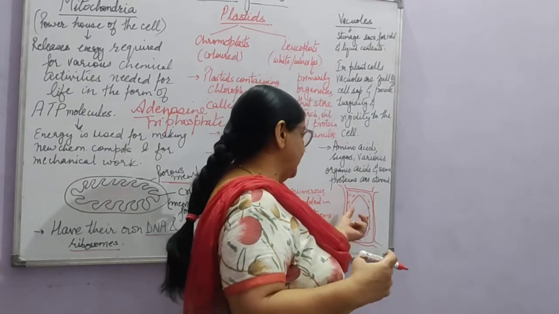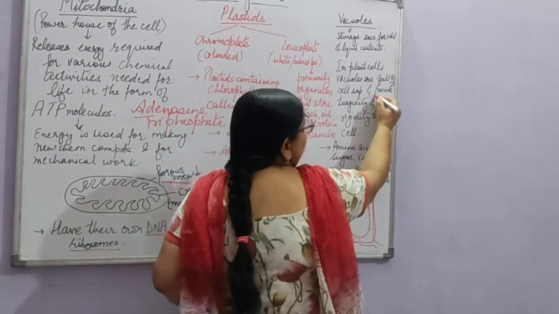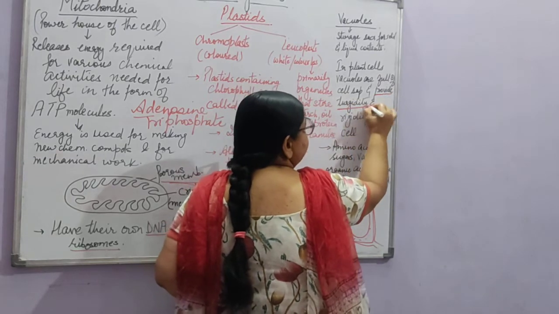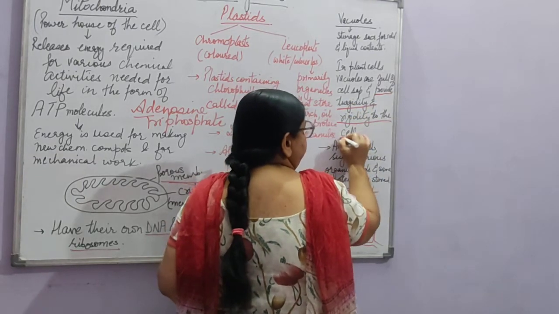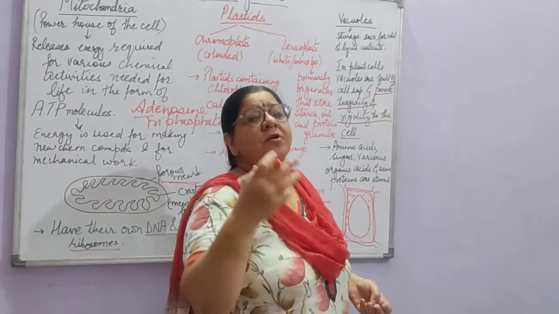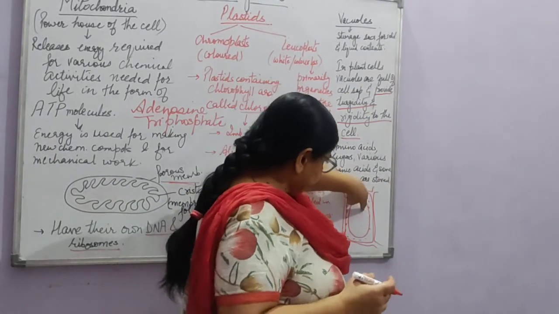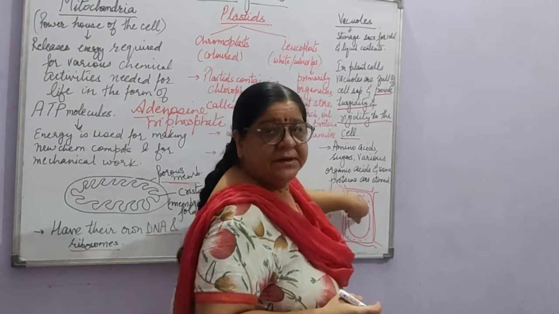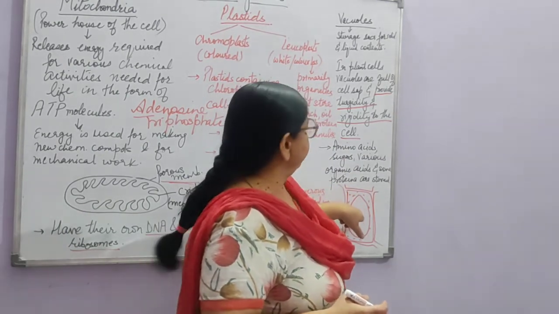What is its function? It provides turgidity and rigidity to the cell. The cell becomes turgid and also rigid because of the cell sap which is present inside it.